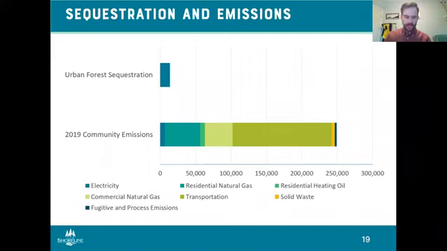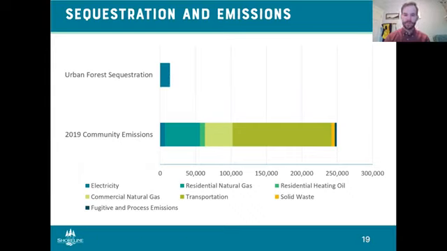So in 2019, which is when the data we used to complete our most recent emissions inventory came from, our direct emissions from activities in Shoreline, largely cars that we drive, the energy we use to heat our homes and buildings, and the waste we produce and dispose of, created just under 250,000 metric tons of CO2 emissions. And again, you can see the colors there.